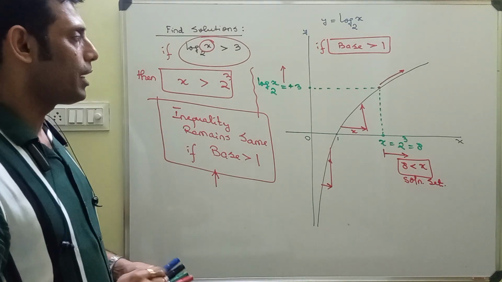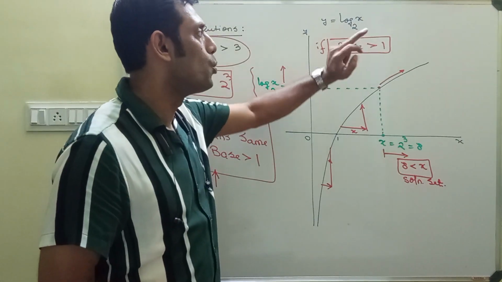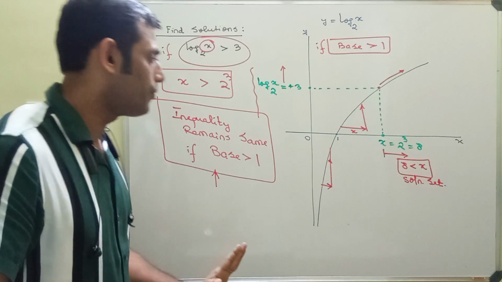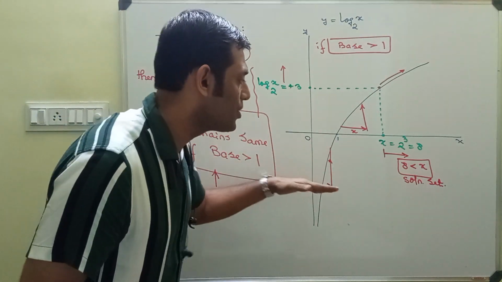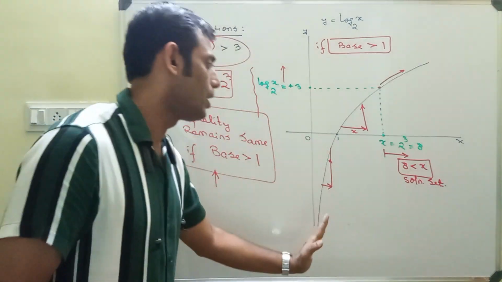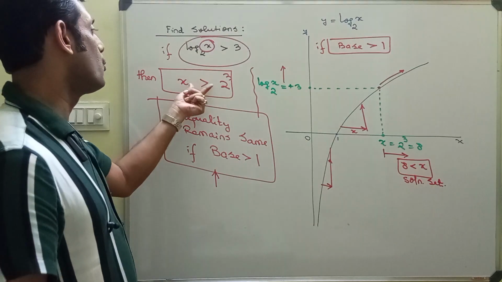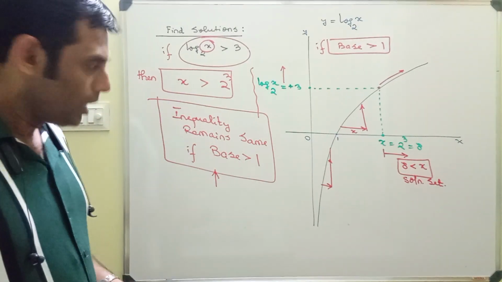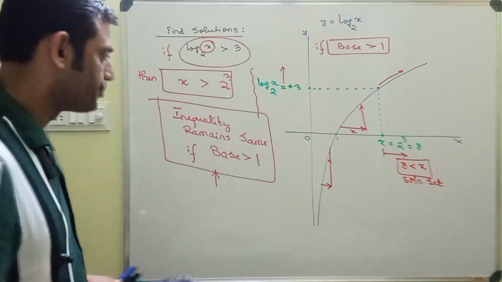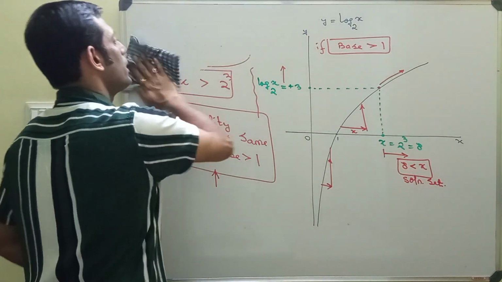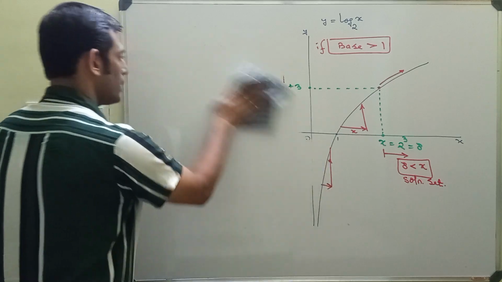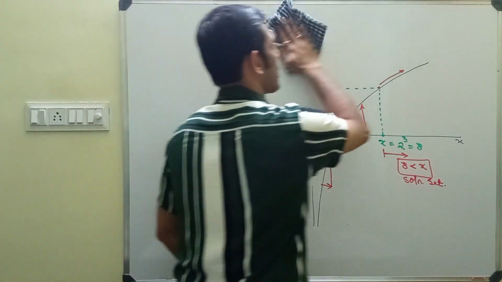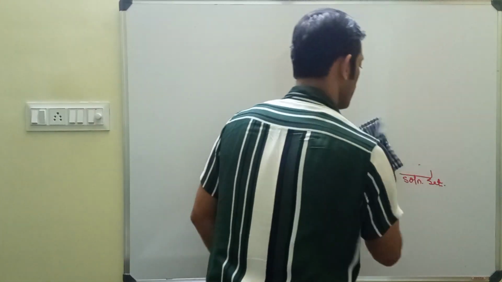This is an example where the base is 2, base is greater than 1. The function is increasing. As x increases, function rises, log value rises, and hence the inequality stays the same. Let's take one more example. And in that case, we will consider the base to be a fraction between 0 and 1.